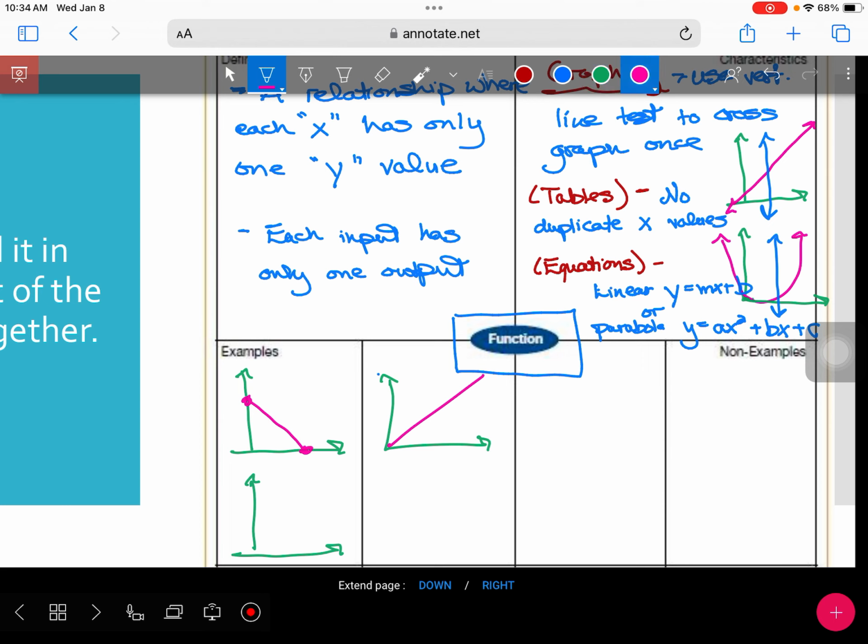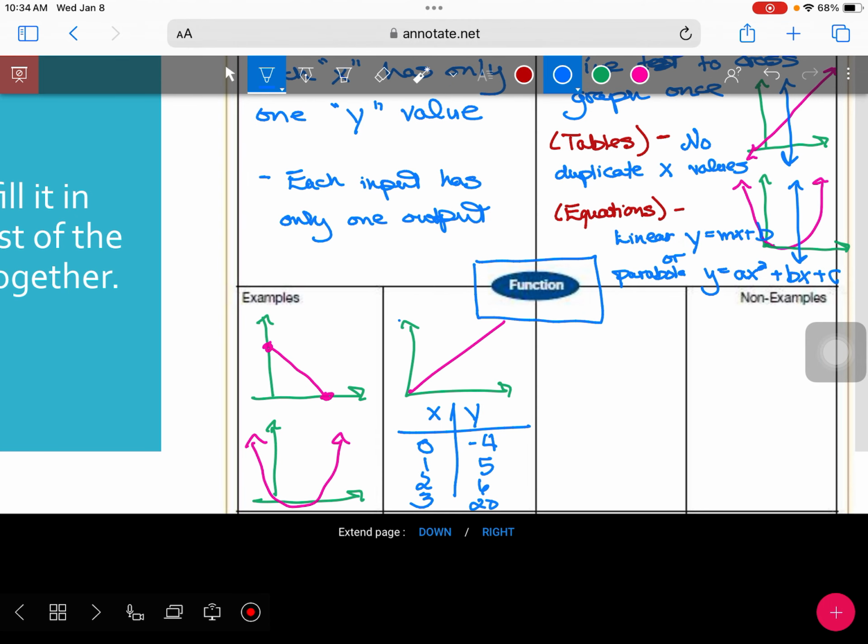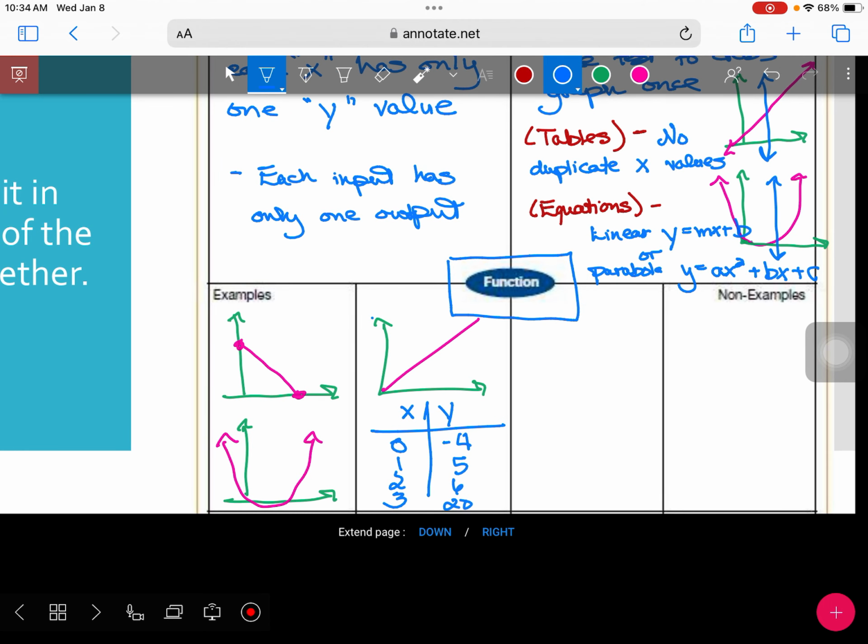You could have a parabola. Those would be functions. As far as a table, okay, you could have 0, 1, 2, 3. This could be -4, 5, 6, 20. Those would all be good examples of functions, okay?